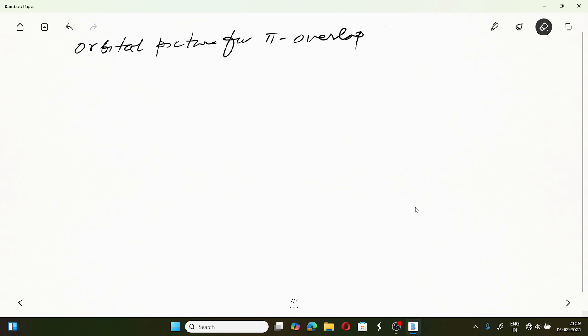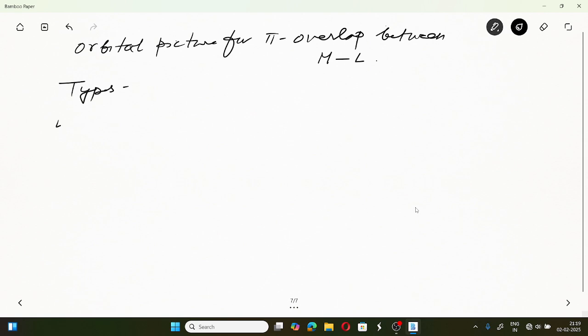Using an orbital picture for pi overlap between the metal and the ligand, we need to understand the types of pi overlap.